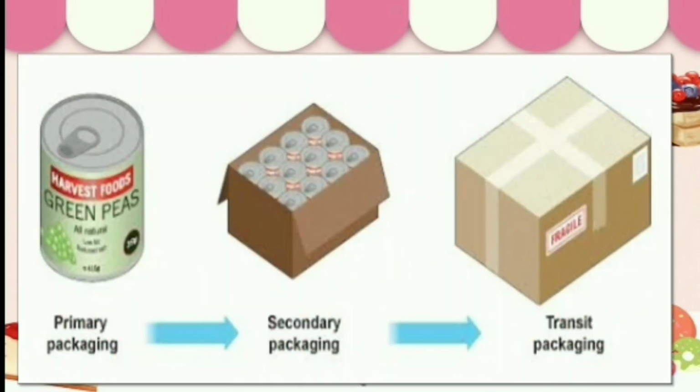This is the illustration of food packaged according to its use. In primary packaging, it is the material that first envelops the product and holds it. This usually is the smallest unit of distribution or use and is the package in direct contact with the content.